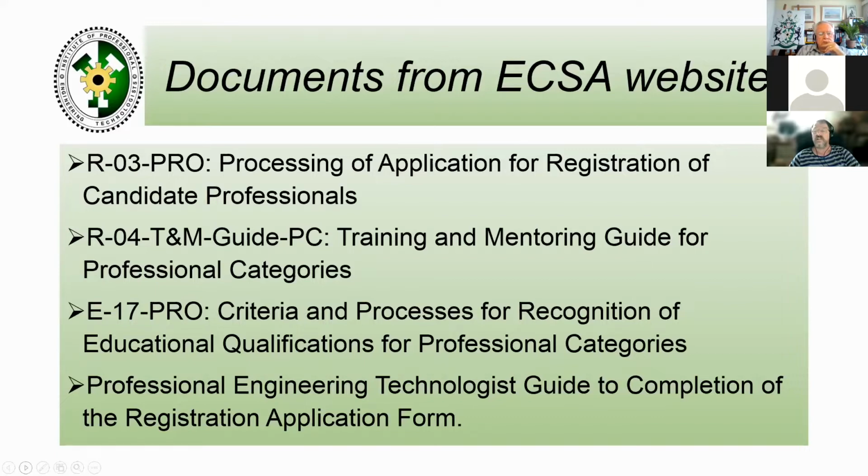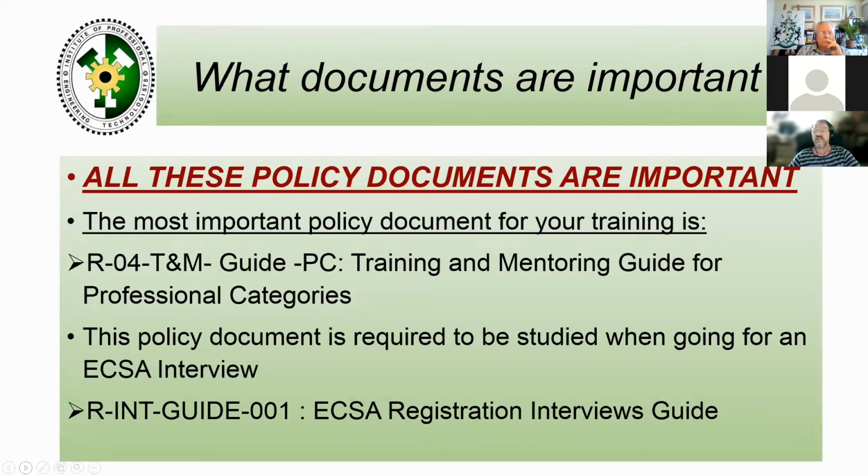This is more for foreign qualifications, where it gets processed and they will tell you in what category you fall. Then the last one at the bottom is the Professional Engineering Technologist Guide to Completion of the Registration Application Form. This is a very important document that is a guideline. Please download it and use it to complete your document.